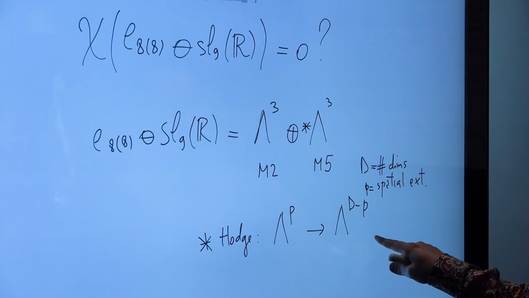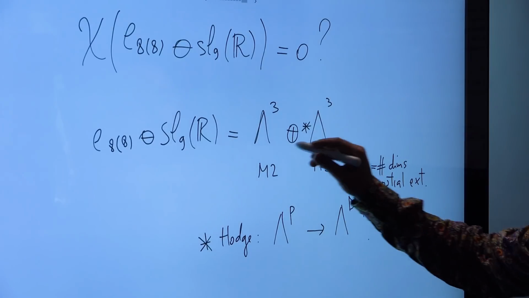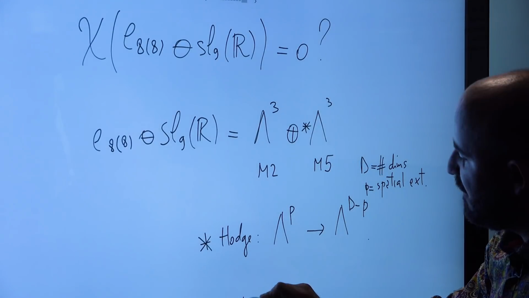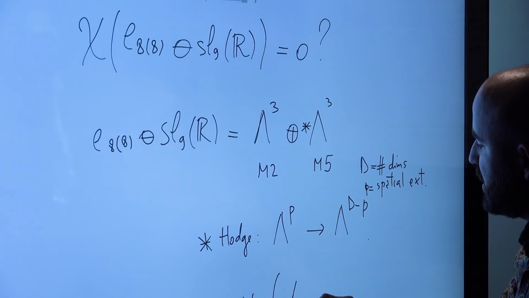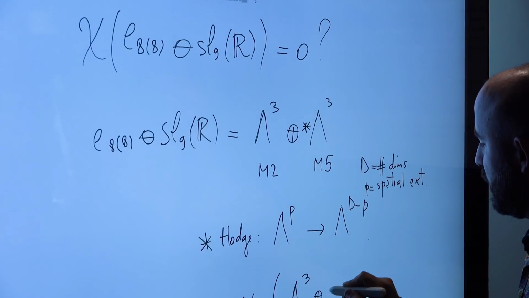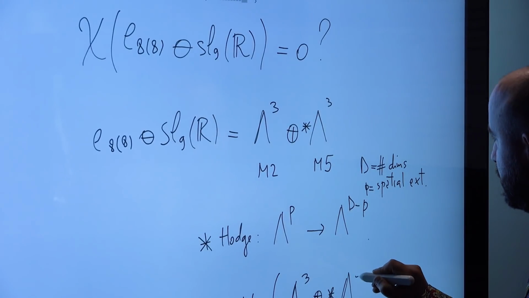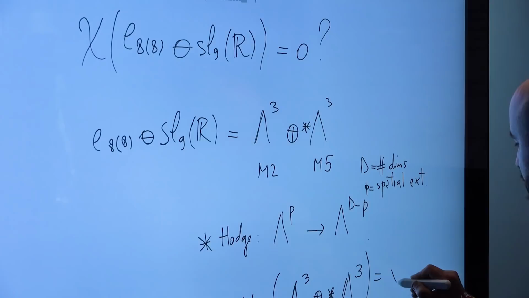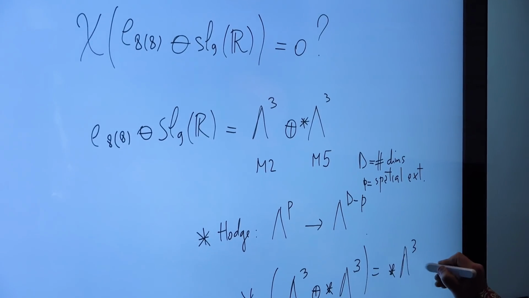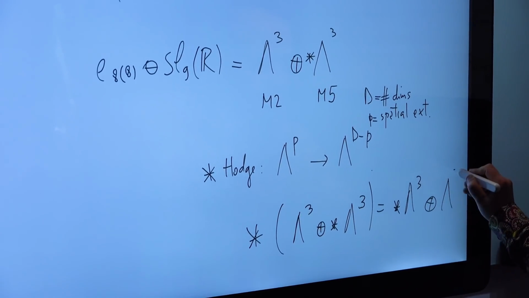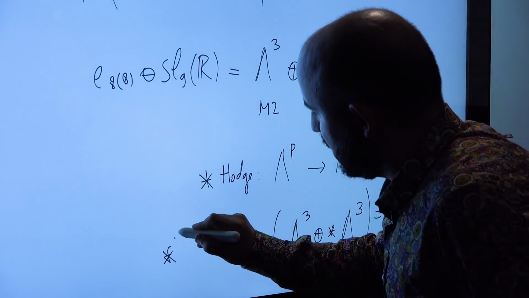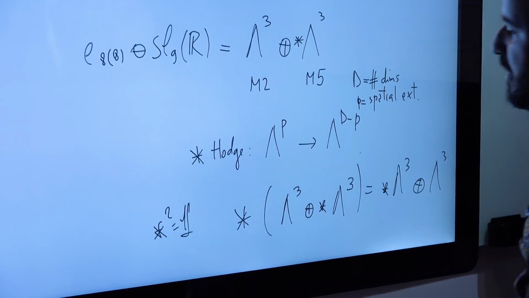So you see that this decomposition is such that if I apply star to this set, this is still this set, because it's commuting, for the very reason that this is the identity.